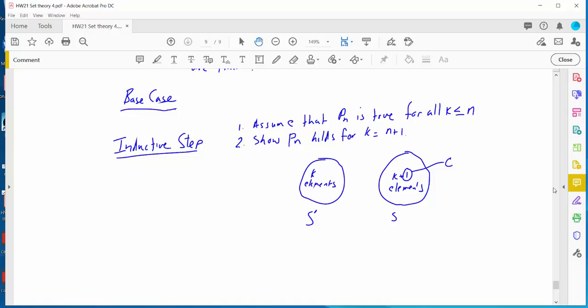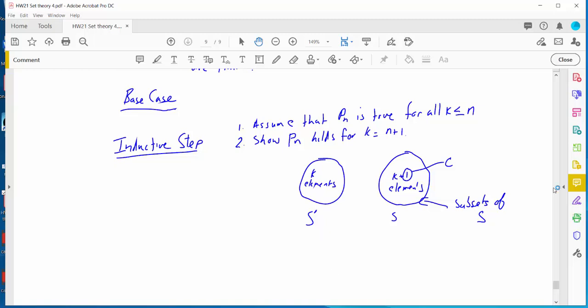You're trying to prove something about all of the subsets of S. Specifically, that all of the subsets of S are finite, given that S prime and all of the sets smaller than S prime are such that all of their subsets are finite.